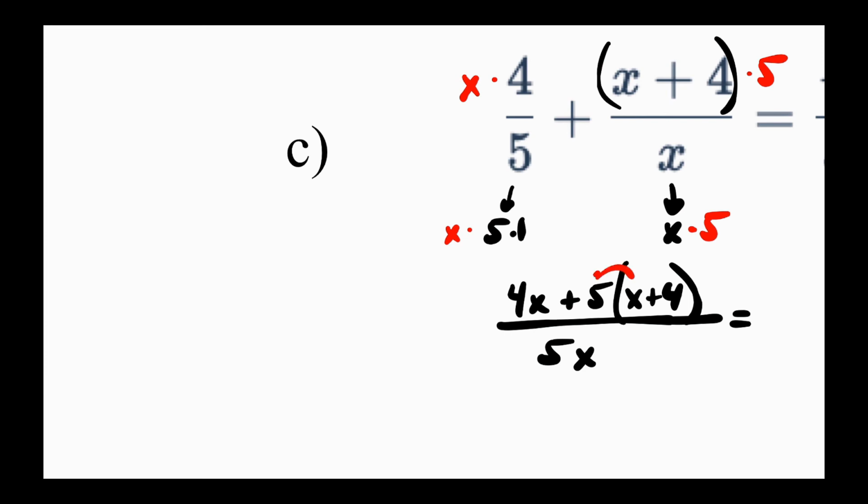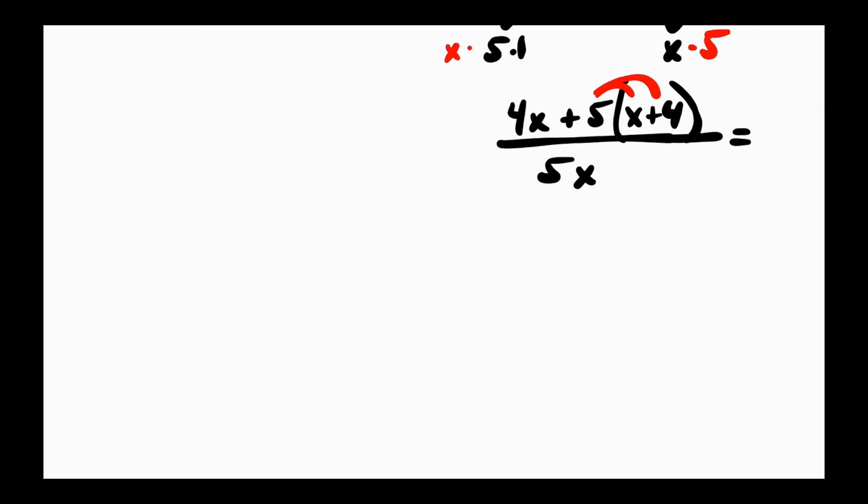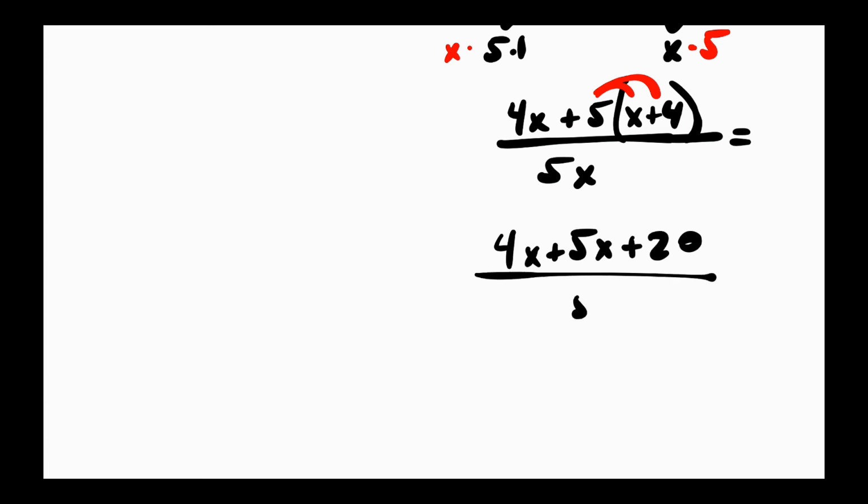So distribute. You get 4x plus 5x plus 20 over 5x, right?